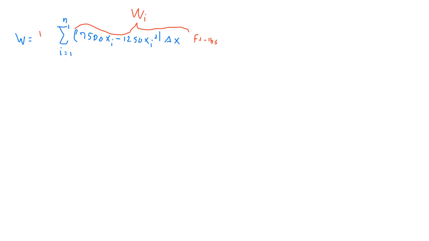Now what we're doing, of course, is we're going to take the limit as n goes to infinity. And when we do that, what does this Riemann sum become? An integral. Okay, the limits are going to be from 0 to 6. Delta x becomes dx. And what goes in here? What's the integrand?